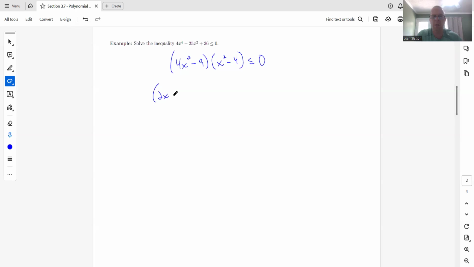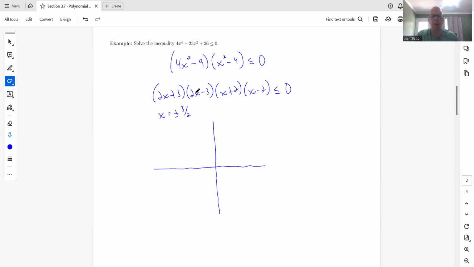So this would be 2x plus 3, 2x minus 3, and this would be x plus 2, x minus 2. And so I'm just going to do the graphing method here. We have x is plus or minus 3/2, and x is plus or minus 2. So those are zeros, all multiplicity 1, so we're just going to be crossing every time.